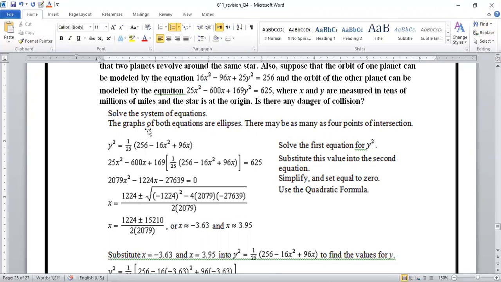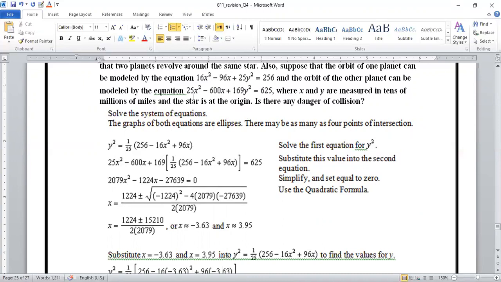From the first equation, y squared equals 1 over 20 times 256 minus 16x squared plus 96x. Substitute into the second equation.